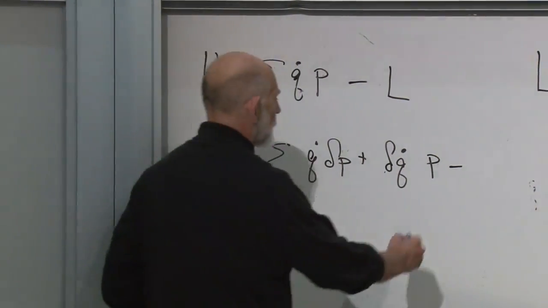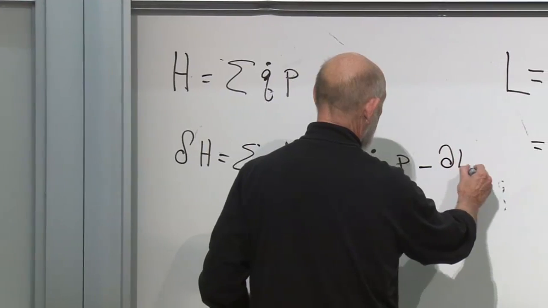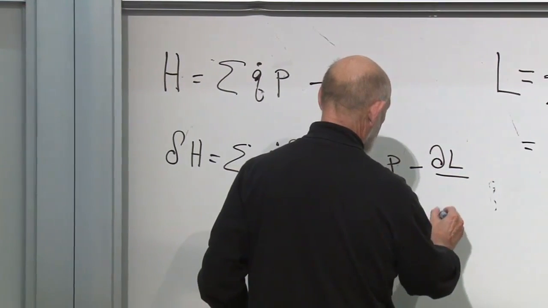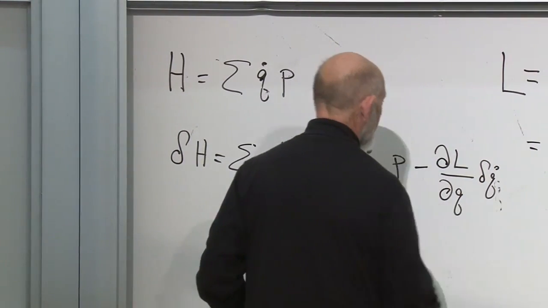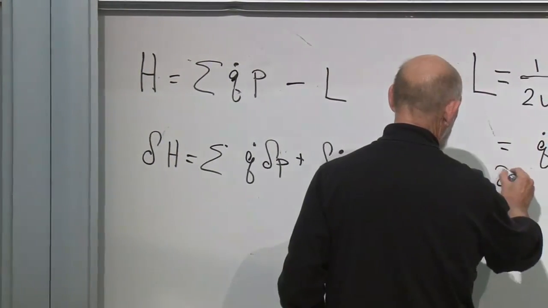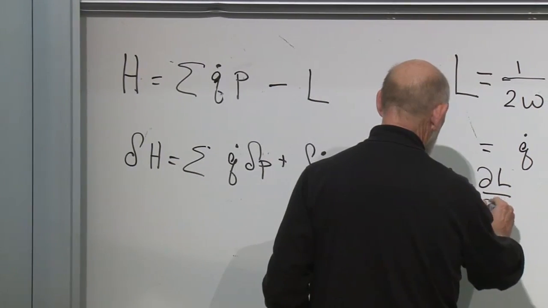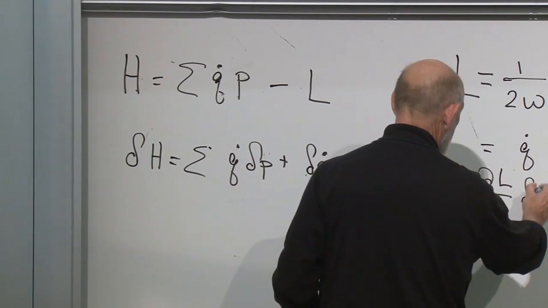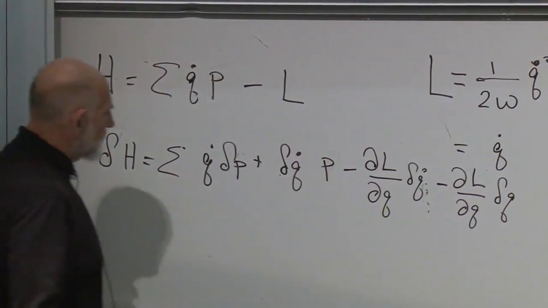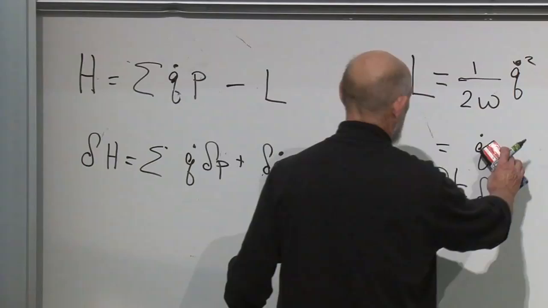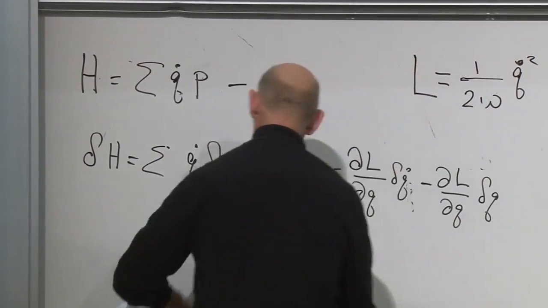And the change in the Lagrangian is the derivative of the Lagrangian with respect to q dot times the change in q dot, minus the derivative of the Lagrangian with respect to q times the change in q. I'm writing it as if there were only one coordinate. You can put back all the summation signs and the little sub i's.